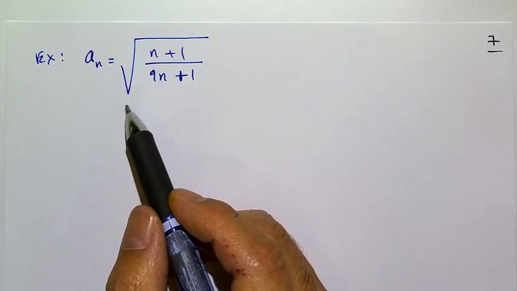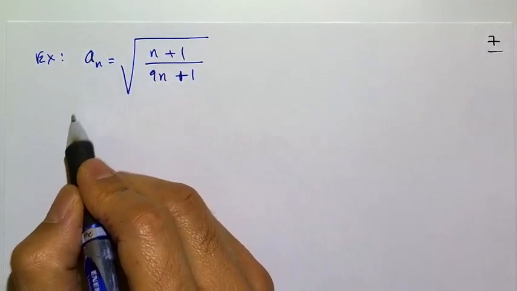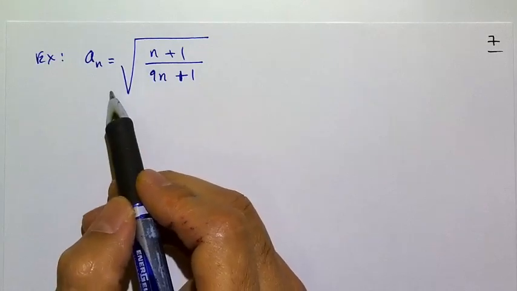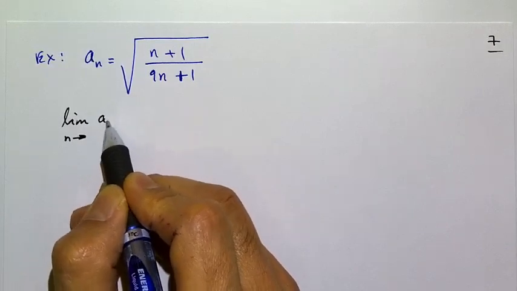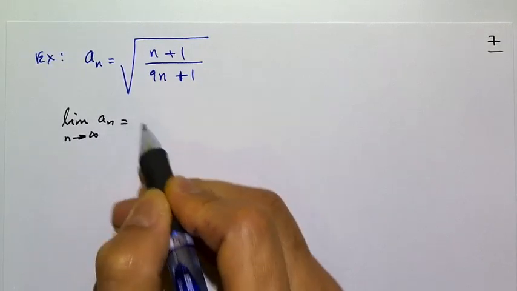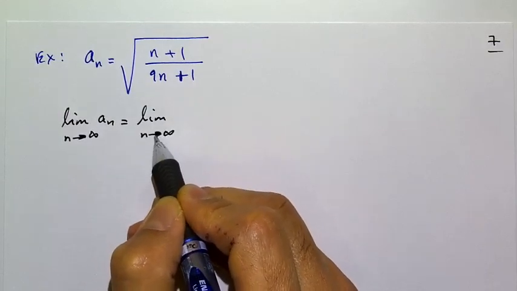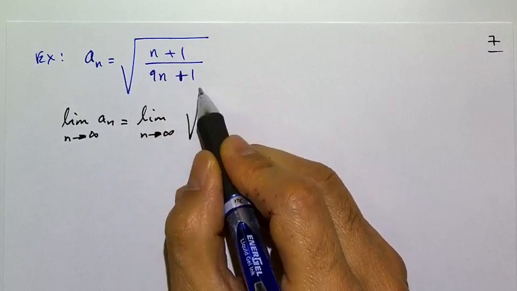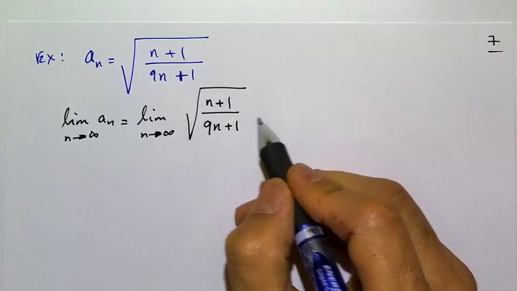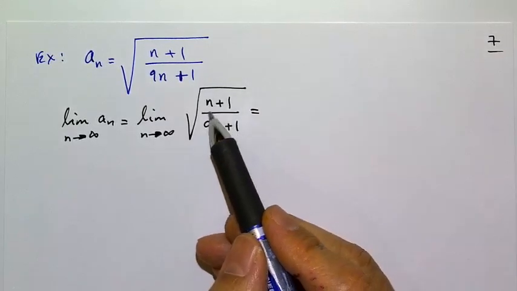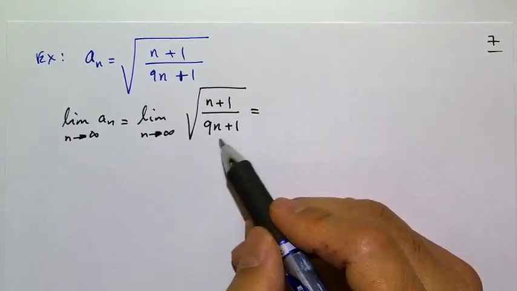Okay, so I'm going to take the limit of this sequence using the technique we learned back in Calculus 1. So the limit of the sequence as n approaches infinity would be equal to the limit of that plus 1. Let's divide each term under the square root by the highest power of n in the denominator. That would be just n.